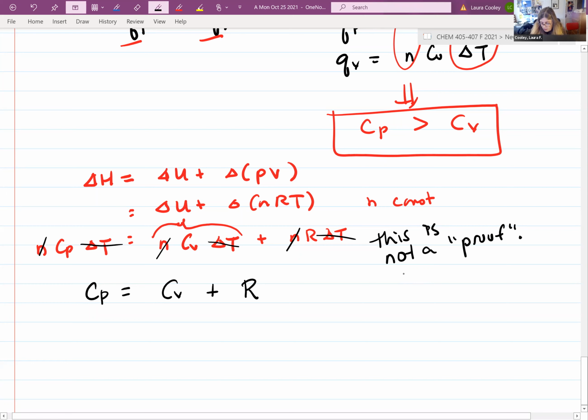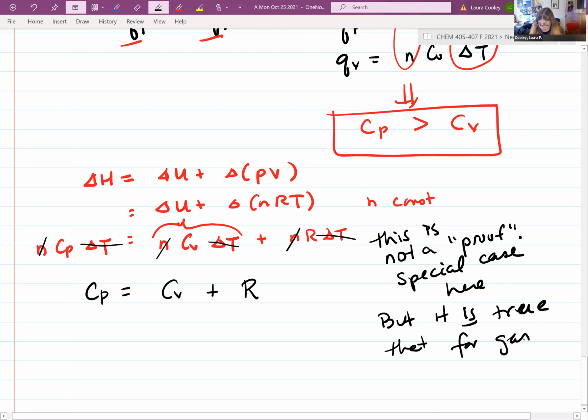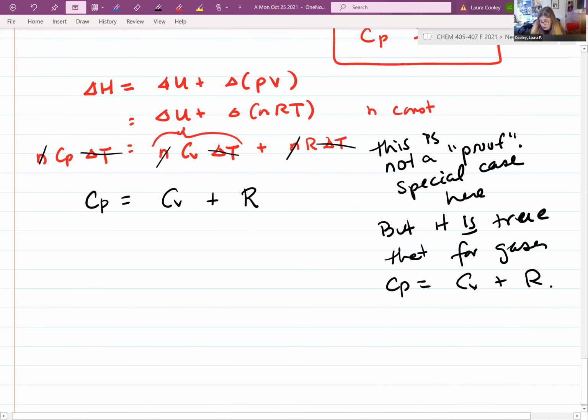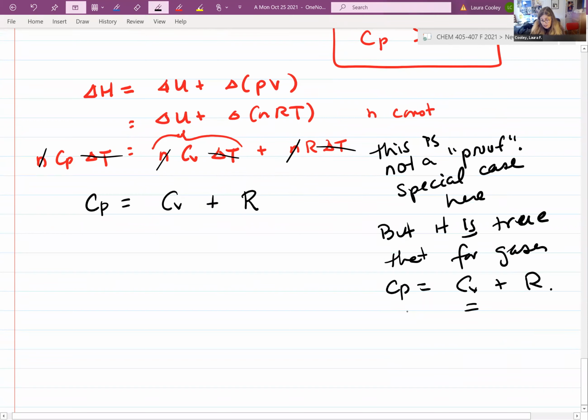Now, let me tell you, this is really not a real proof. It's just for this special case. But it turns out that this is generally true. I didn't prove it, but it is true that for gases, CP equals CV plus R. And all you have to do, if you know the CV, to get the CP is add R. And if you're given CP and you need to get CV, subtract R. You know, these have the same units, right?